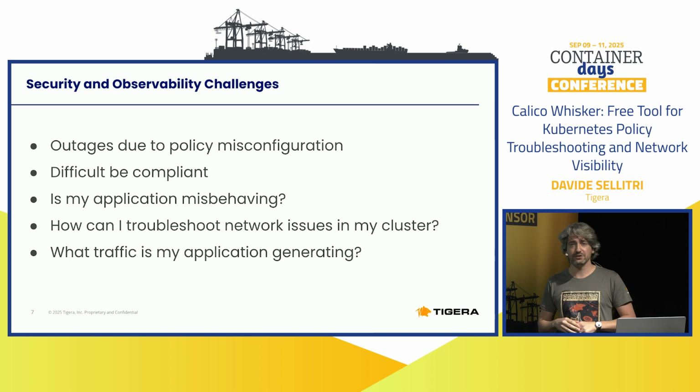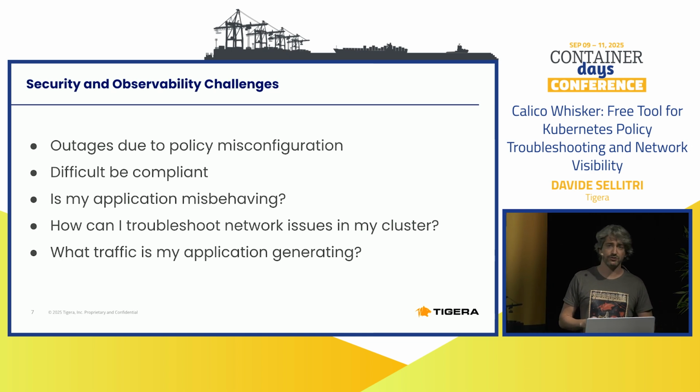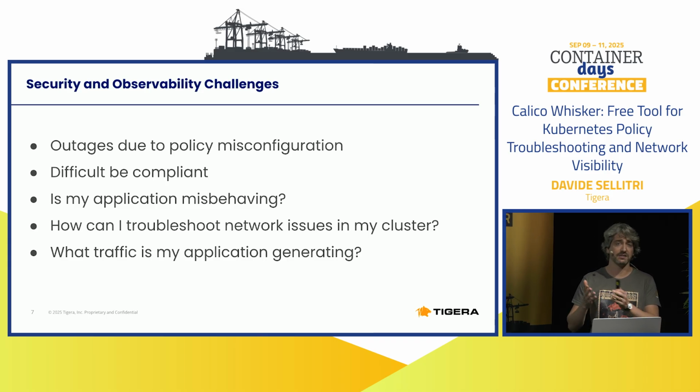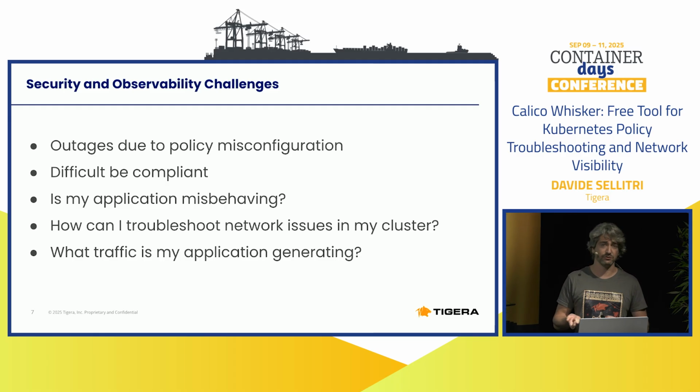Or maybe you need to be compliant. And to be compliant, you need to make sure that you're restricting your traffic in a way that only what is supposed to happen is allowed and everything else is denied. And again, you have no observability, or if you have, it's very little. So you may struggle with that.